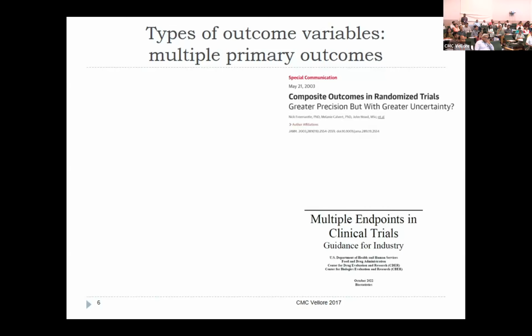Now, many people do, as what you said, if I have 4 or 5 that are very important, why don't I do a composite? And composite outcomes are a very attractive thing to do for multiple reasons. Because one of those is I have many primaries. And remember that when you see the sample size calculation, when you're looking at time to an event, especially variable, you need to have a lot of events.